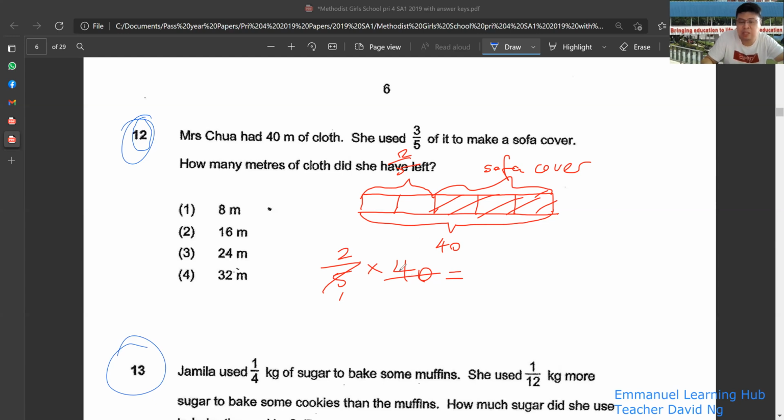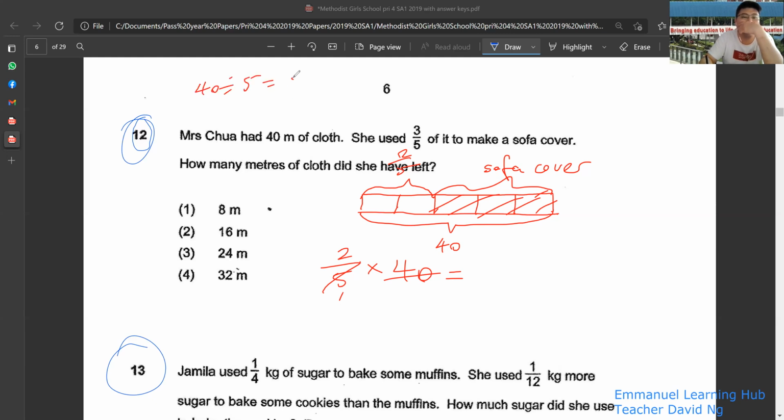40 divided by 5 doesn't give you 10. Go back to your multiplication timetable. What is 40 divided by 5? 8.